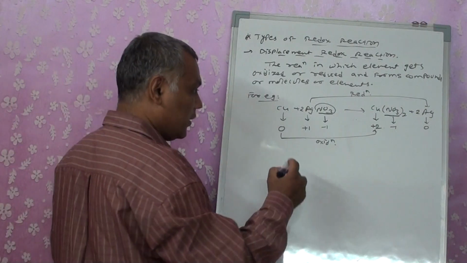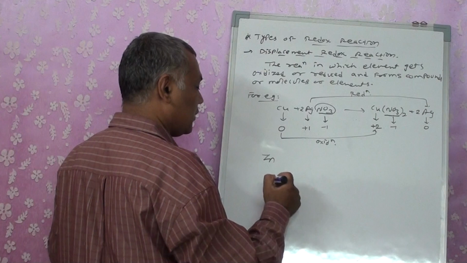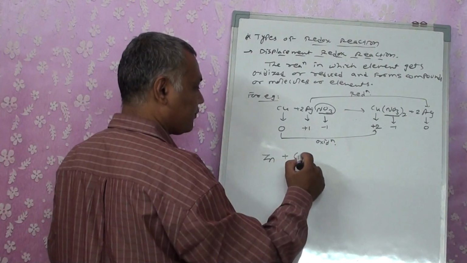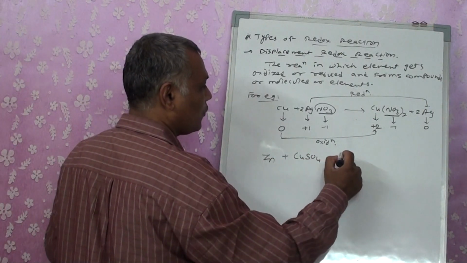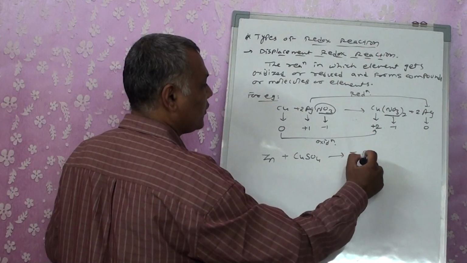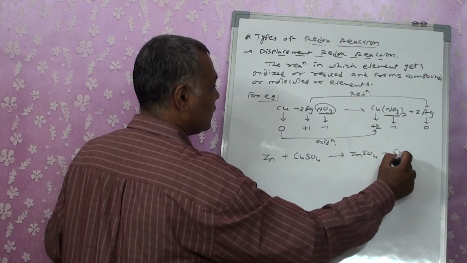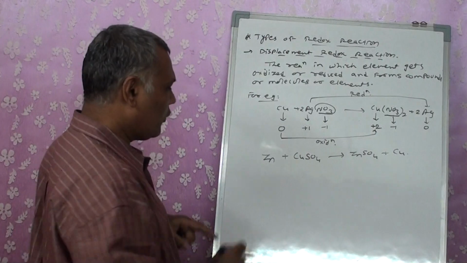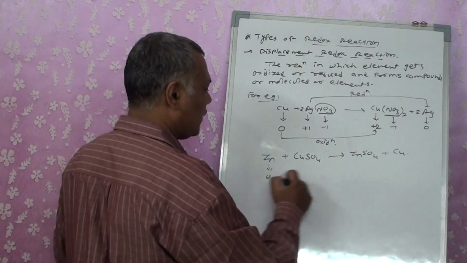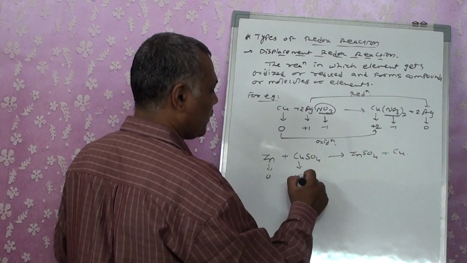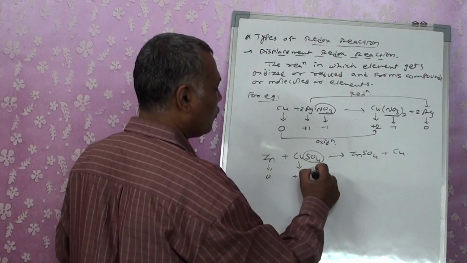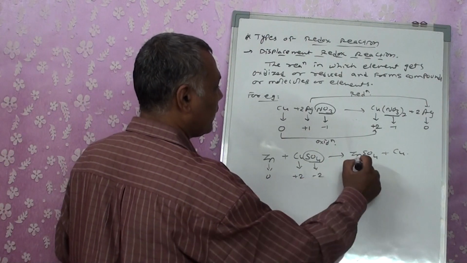Right? Similarly, we can also get the reaction Zn plus CuSO4 gives ZnSO4 plus Cu. What will you get? Again it's an element. This is +2 because the whole SO4 will be written as -2.